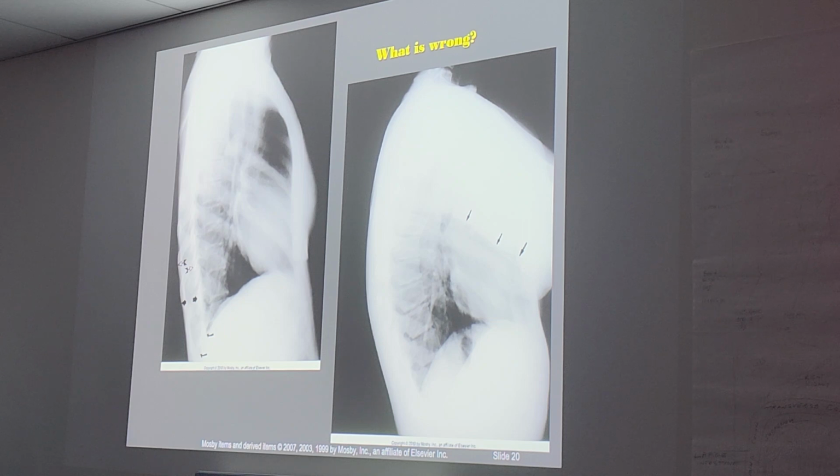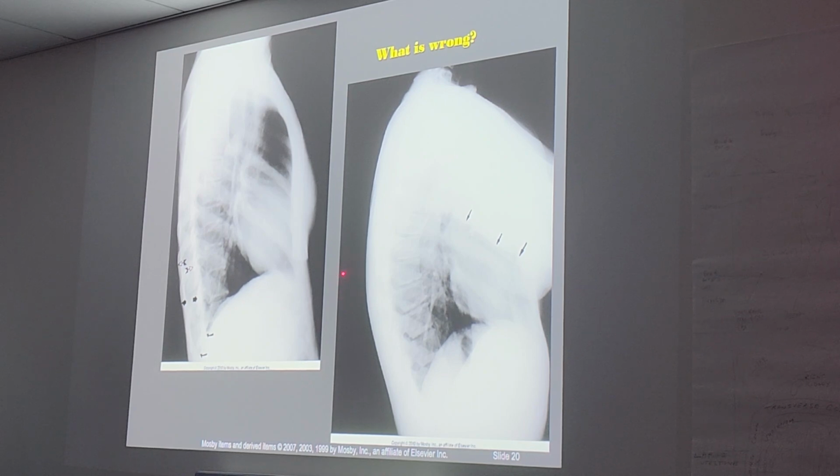Can you explain, you said centered low, you can see the C-spine. The centering looks like it's right there, lower than T7, so you should be able to see the C-spine. If it's lower, then you should not be seeing the C-spine.